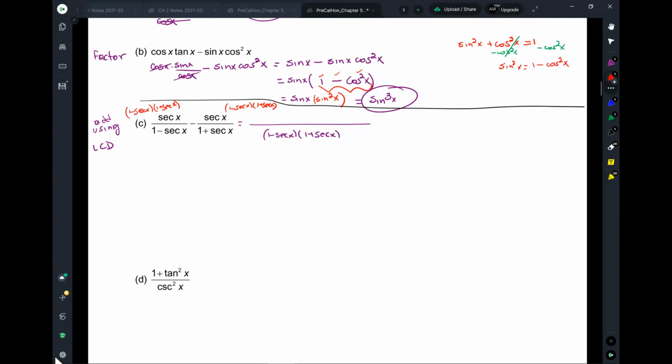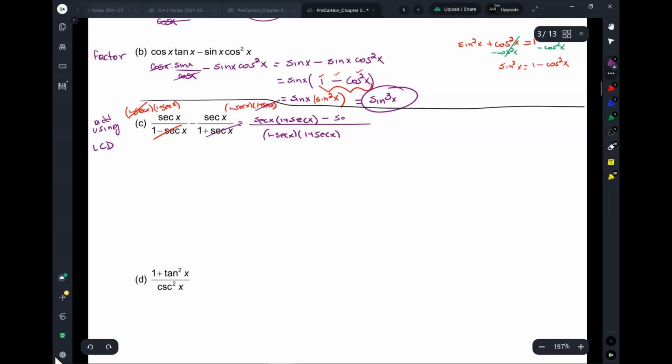In the first term, 1 minus secant x cancels. So I have secant x, 1 plus secant x, minus. This cancels. Oops, that doesn't cancel. This cancels.